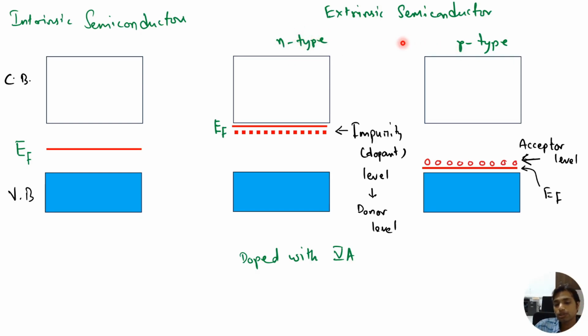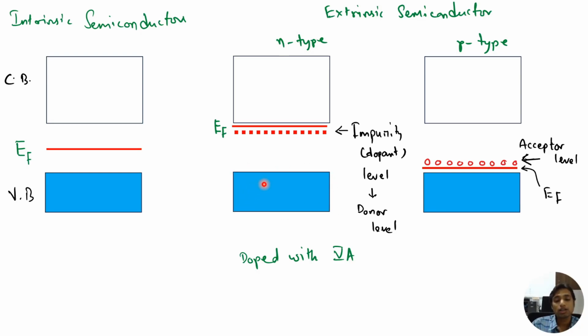The dotted line that you see is your impurity energy level, and there will be some extra electrons, which will be your majority charge carriers. Up to this level it is filled with the electrons of the semiconductor itself.